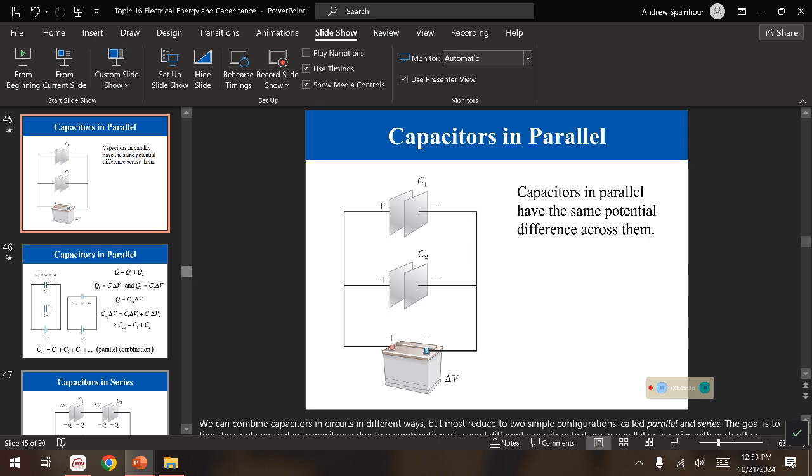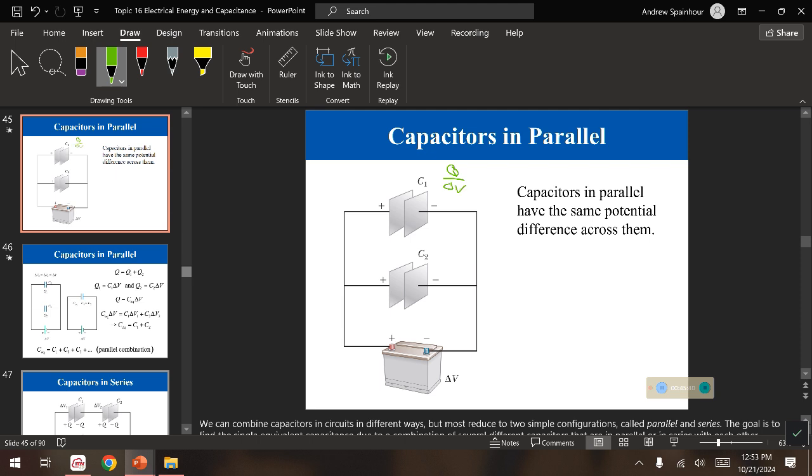Now, capacitance is the ratio of charge to voltage. What is the voltage on both of these? Well, imagine that you've got this, and this is where analogies can be super helpful. This is two separate paths. So this is like the same battery charging two separate hills of kids.